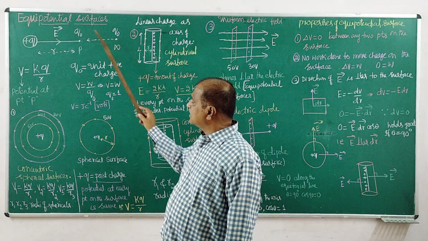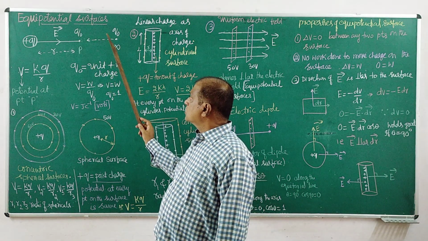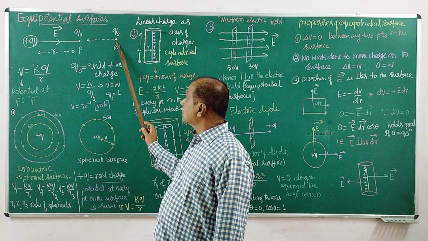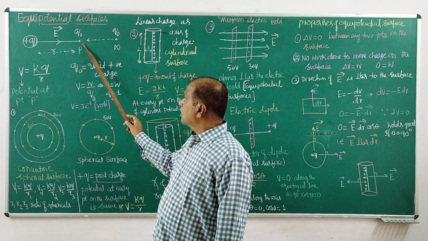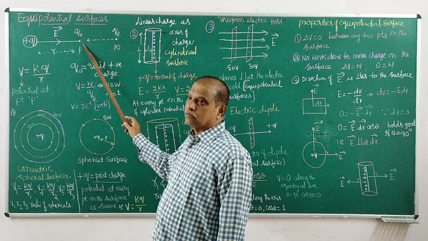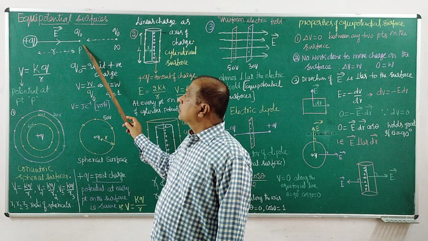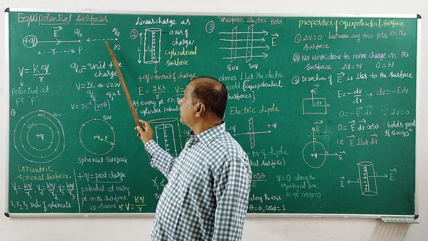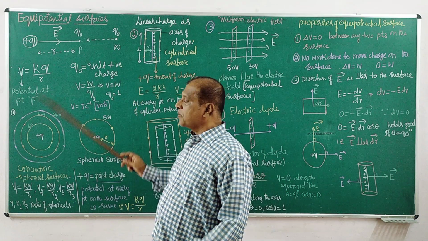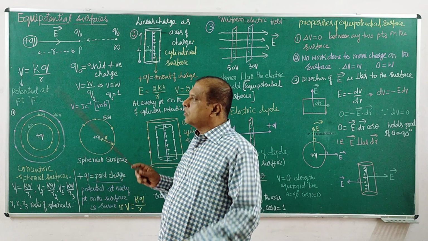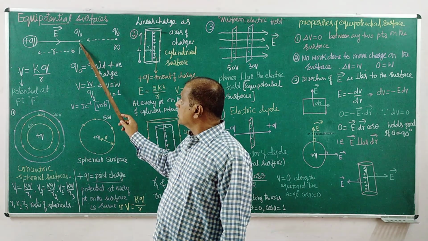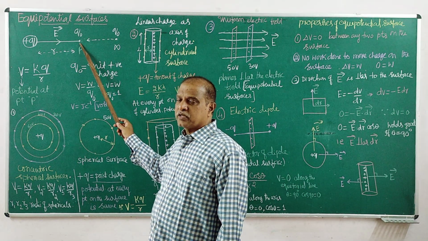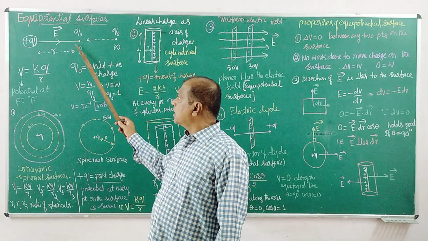Work is done against the electric field. The amount of work needed to move the point charge from infinity to here is called potential, or the amount of work or energy completely converted into potential energy, which is stored at this point. That is called potential.